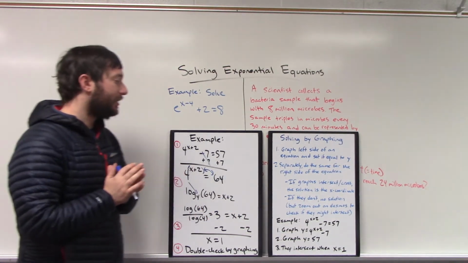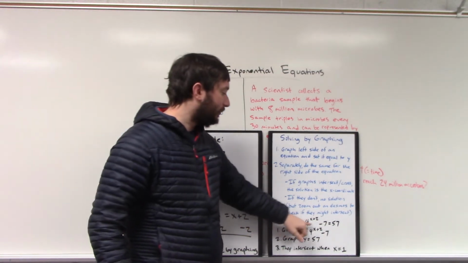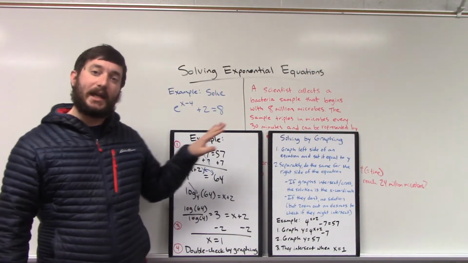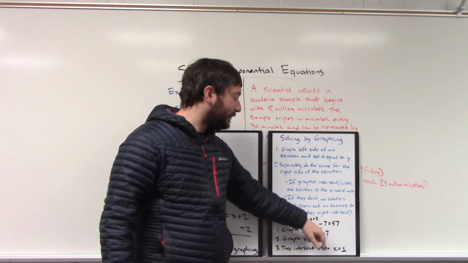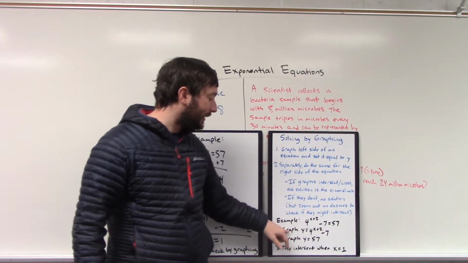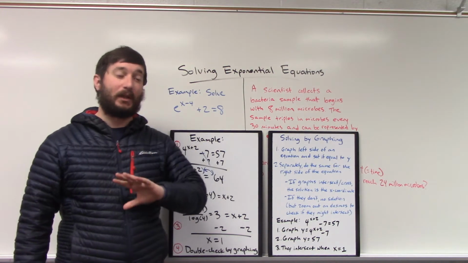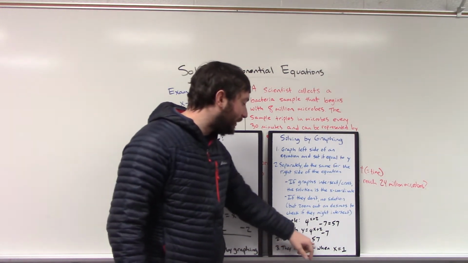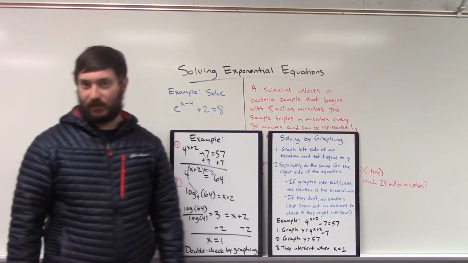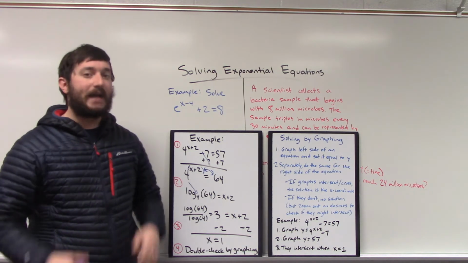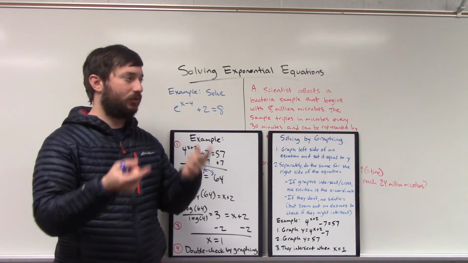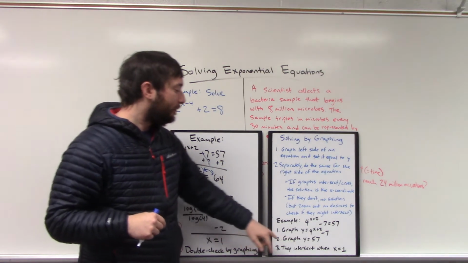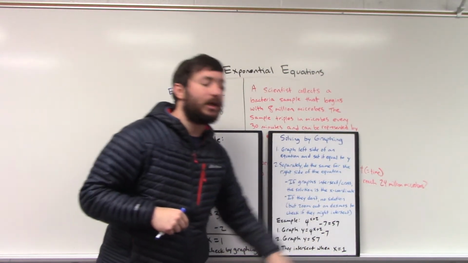So in this case, we started with an equation, right? If we take that left side, 4 to the power of x plus 2, minus 7, set that equal to y and graph it. Separately, graph y equals the right side, 57. The graphs will cross. Now you will have to zoom out in Desmos to see this, but they will cross at the x-coordinate of 1.